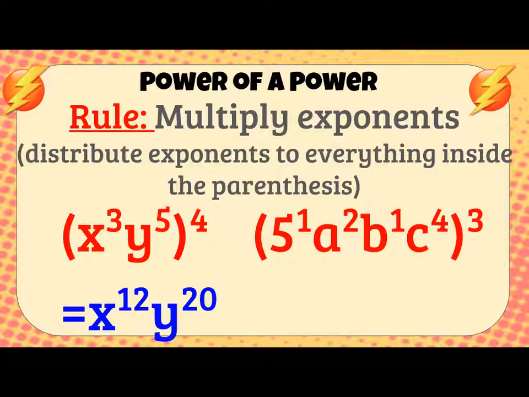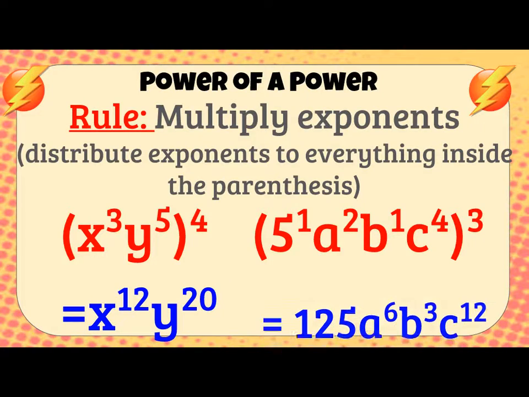So the answers as well: that 3 gets distributed to the coefficient, and really that's a 5 to the first power, and then it gets distributed to that a squared, and then it gets distributed to the b, which is 1 times 3. If there isn't a 1 there, you can always add it, and then c to the 4 times the 3.